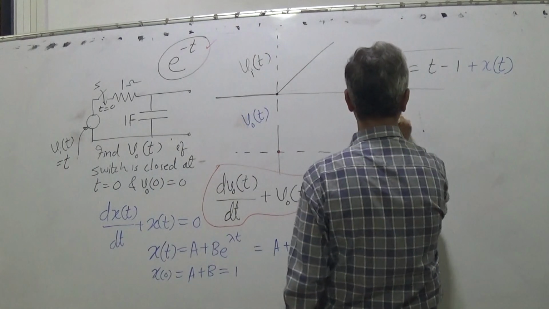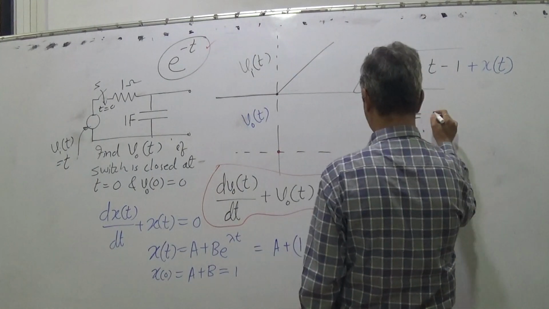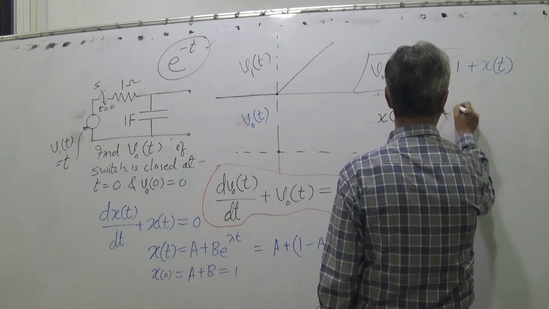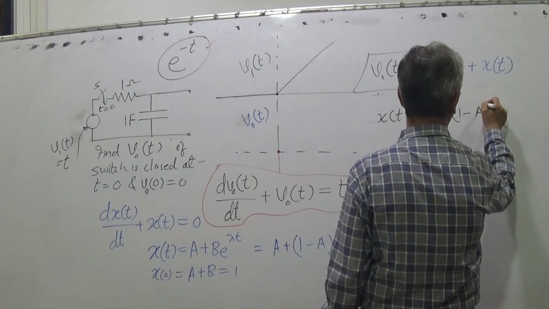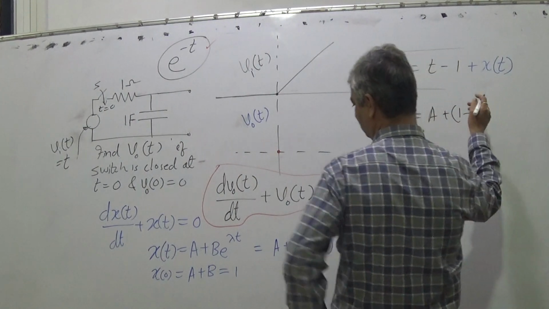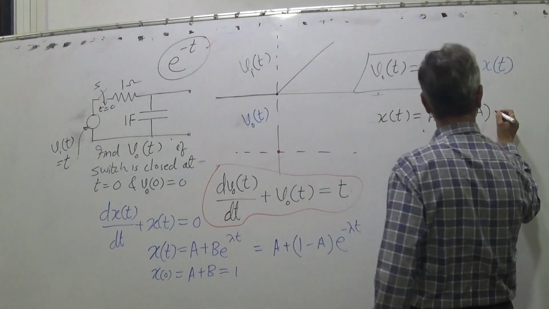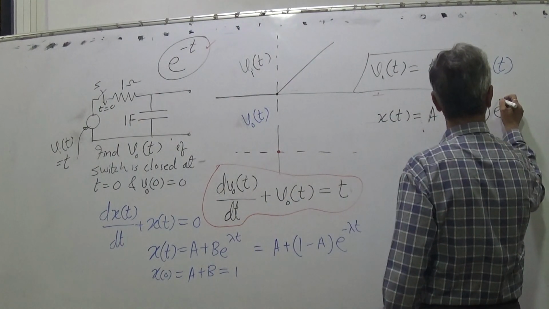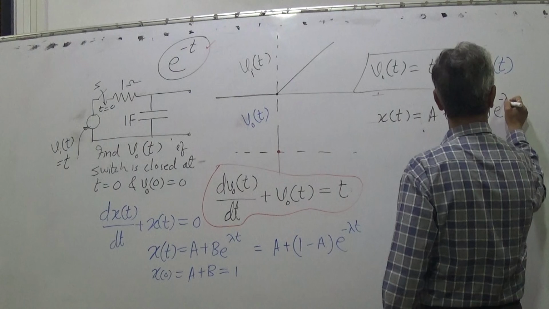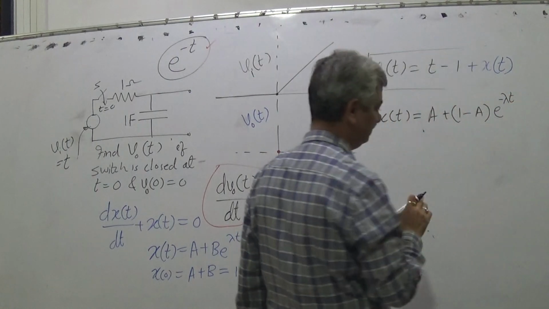So xt is a plus 1 minus a e raised to minus lambda t.